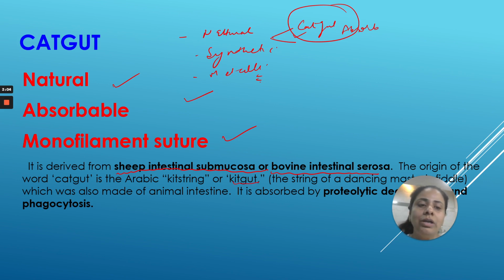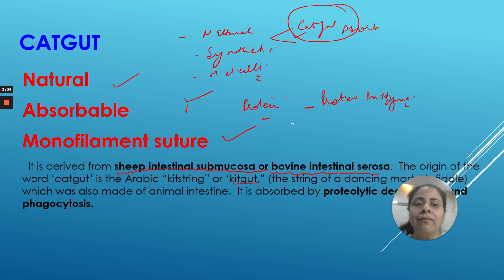As I told you in the previous video, all natural suture materials are absorbed by proteolytic degradation. Since it is a protein, it will be absorbed by proteolytic enzymes.